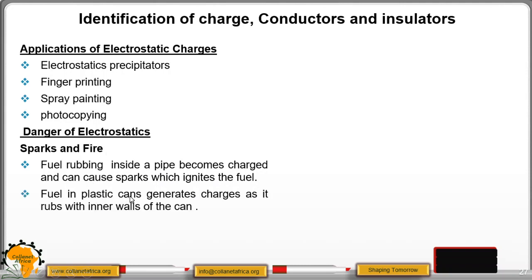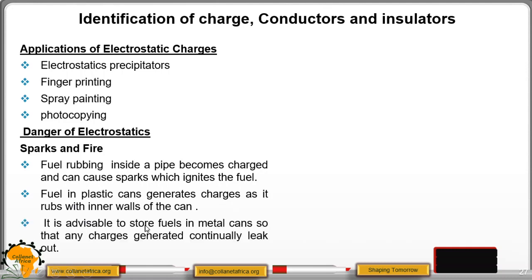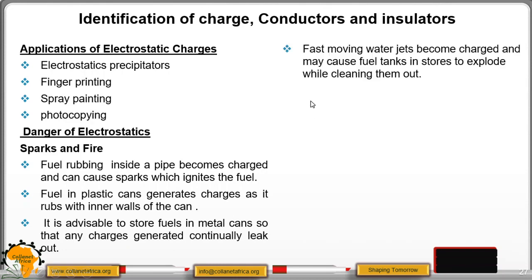So fuel in plastic cans generates charges as it rubs against the inner walls of the can. It is therefore advised to store fuels in metal cans so that any charges generated can leak away, because metals are good conductors. They allow those charges to flow through them and leak away.